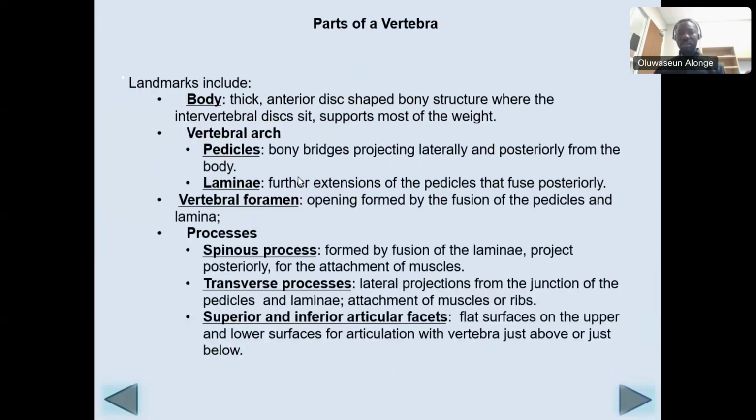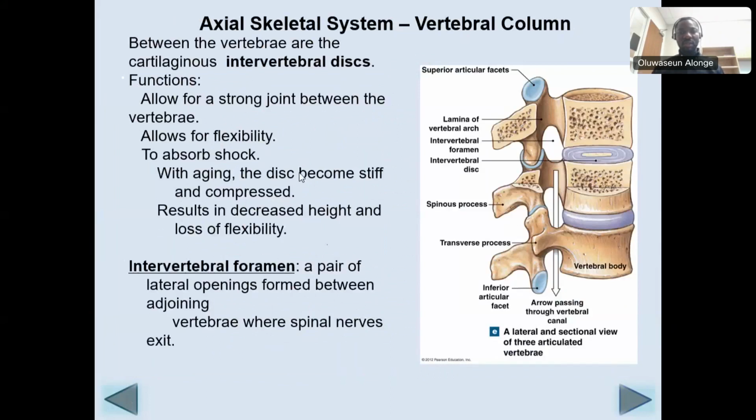Now, okay, I'll just skip that. We've talked about it. Now, between each vertebral bone, there are vertebral discs. The vertebral disc is what you see in between here. So here are the vertebral discs. Now, the purpose of the disc is majorly to serve as an absorber, to prevent shocks, to prevent pressure to the bone, to prevent friction between the bones.